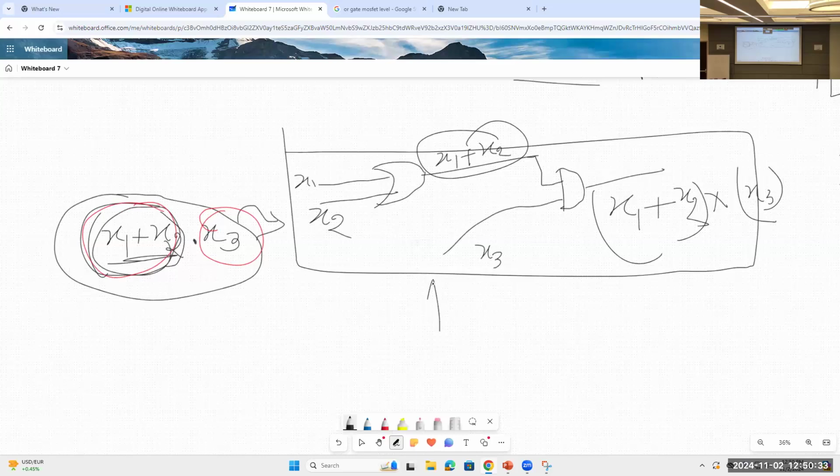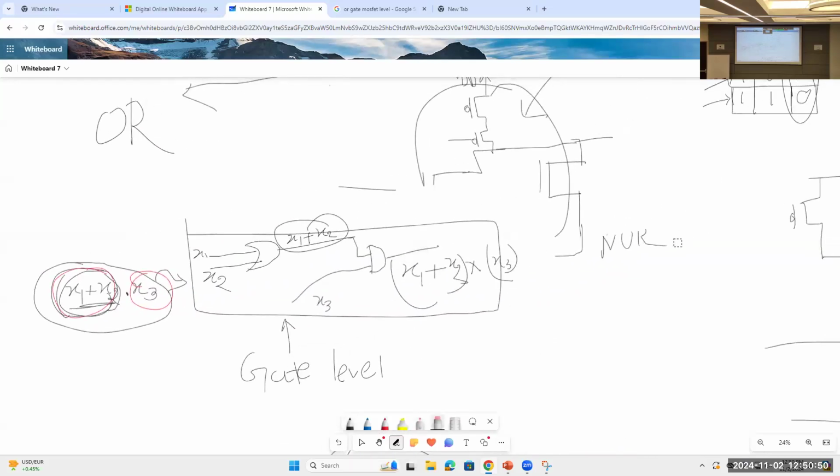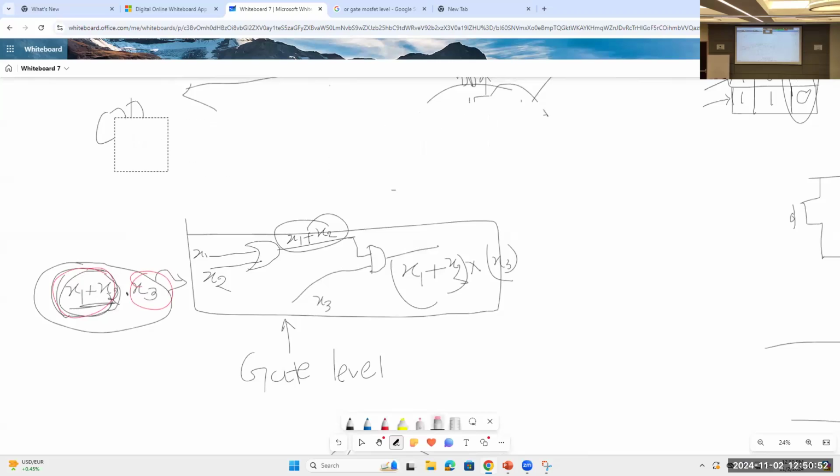There are several levels of circuit design. This is called gate level, because I have shown here just gates. But how will these gates be implemented?